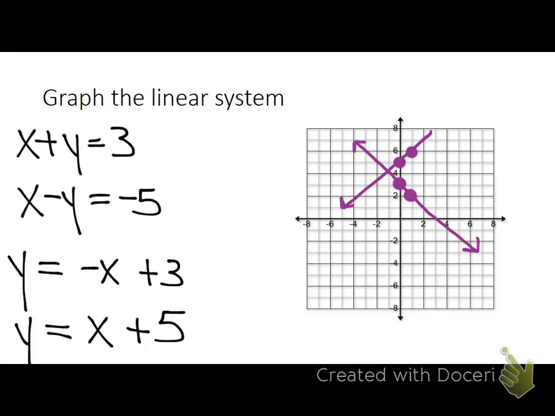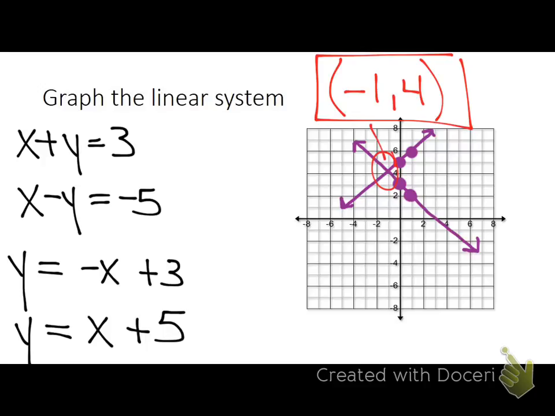So where do the lines intersect? What ordered pair do they intersect at? (Negative 1, 4). And that's my answer. You have one of these on your quiz on Monday. You look at where the lines intersect, and that's at (negative 1, 4). All right, if you understand that, this is everything you need to know for your quiz over 8.5 through 8.8.